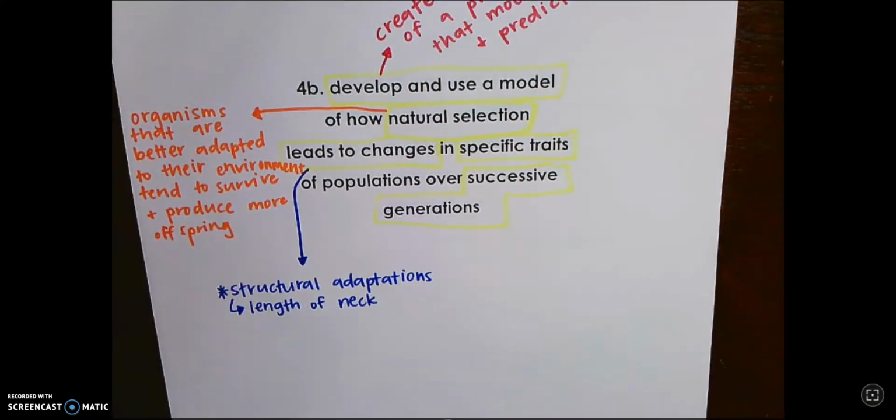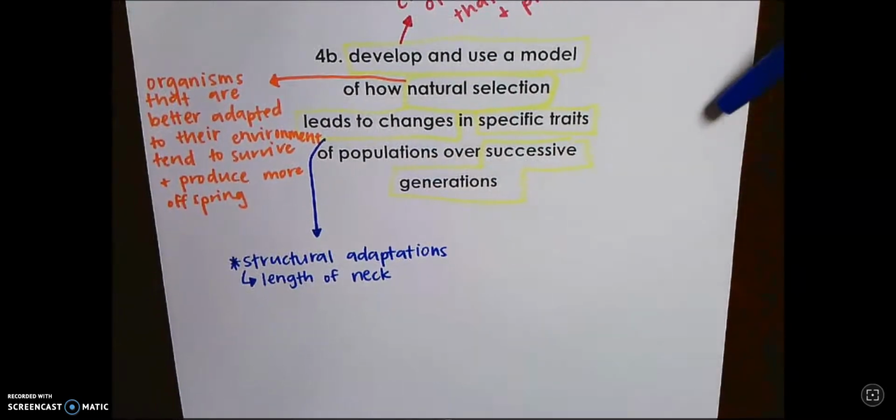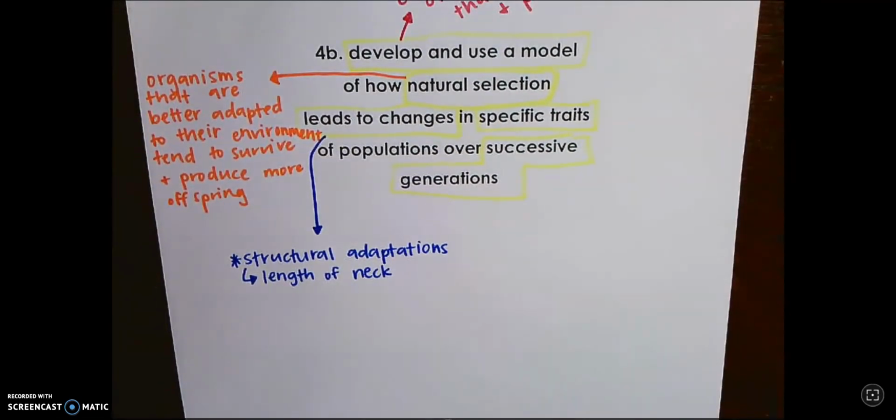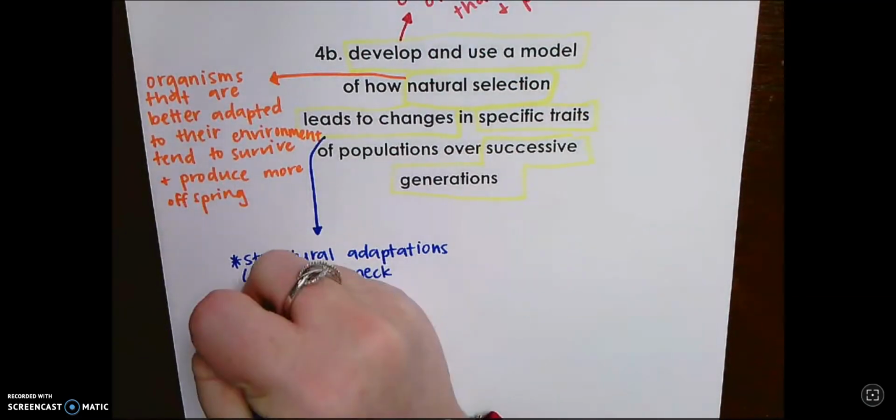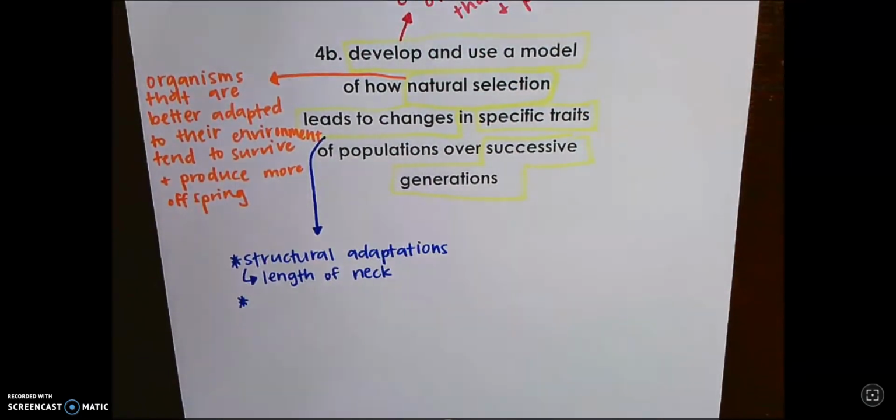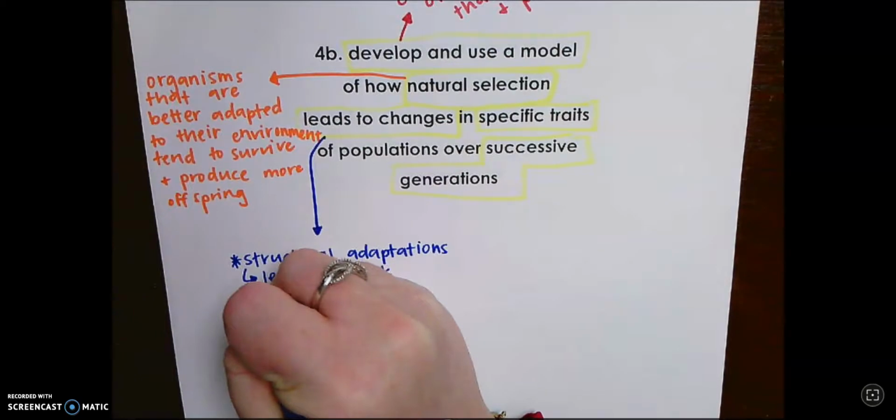So giraffes with longer necks are going to be able to reach food that maybe other giraffes with shorter necks would not. That gives them an opportunity to be more fit in their environment and to acquire resources that others cannot. So the second type of adaptation we talked about were behavioral.